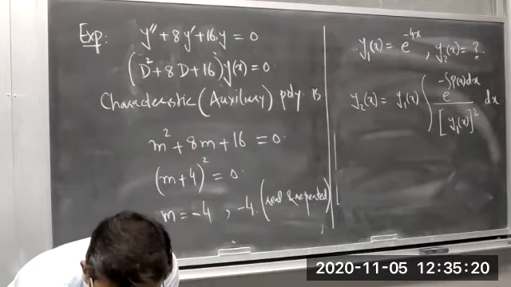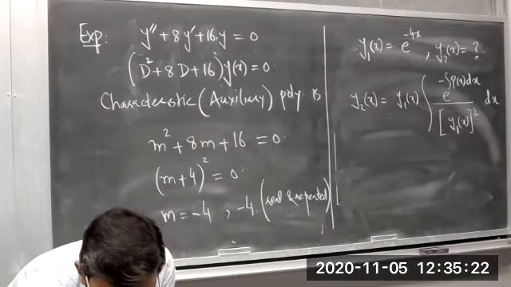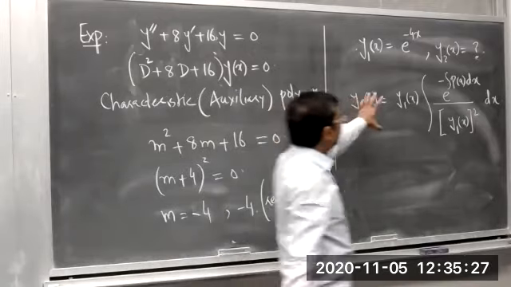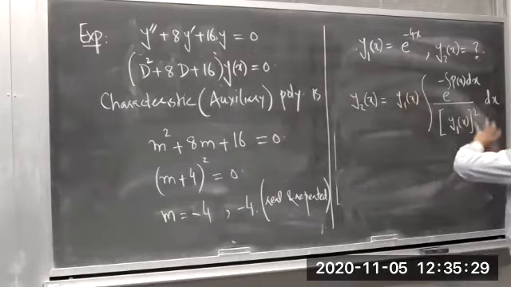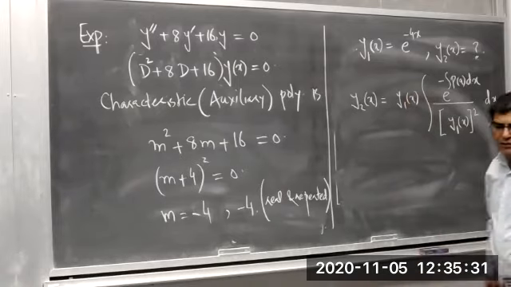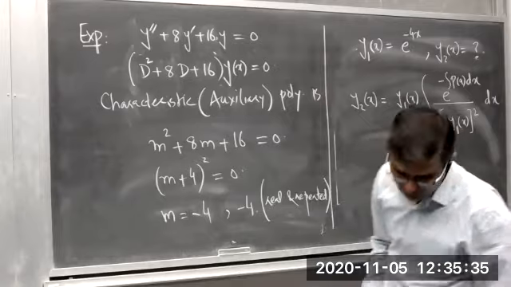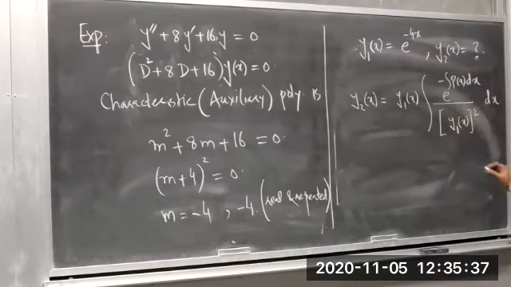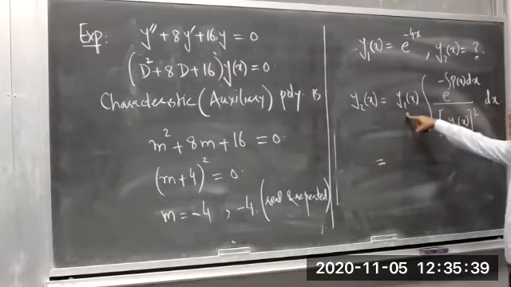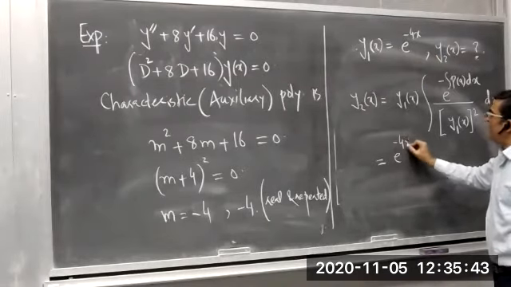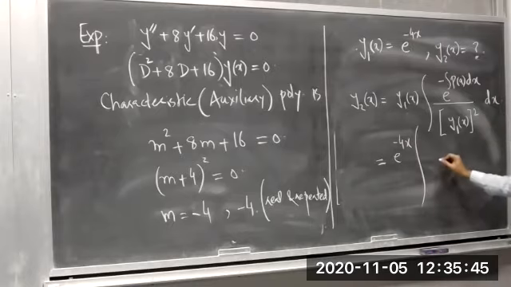Is there a question in the chat window? Yes, reduction of order. Now, by using this formula, we know y1. What is y1? e raised to the power minus 4x. So we write it here: e raised to the power minus 4x, integral of e raised to the power integral of minus p of x.